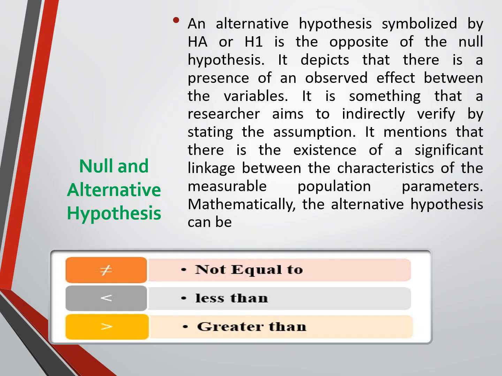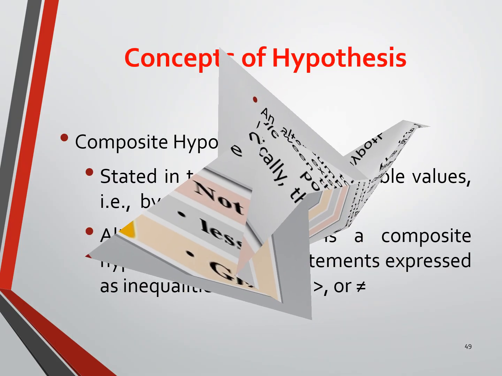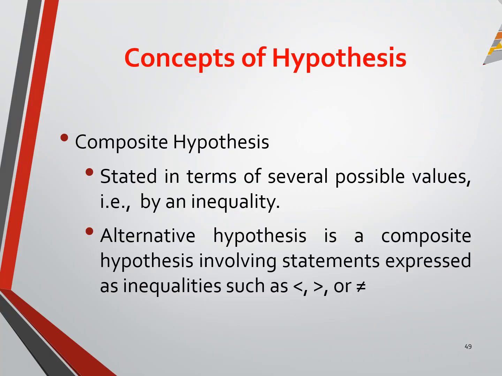And that is known as H1. That is also known as the composite hypothesis. Some academicians name the alternate hypothesis the composite hypothesis also, so we should not worry about it.